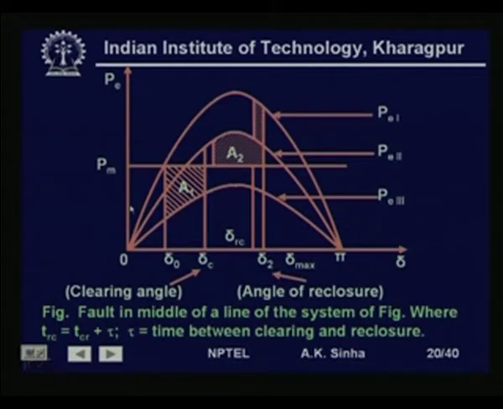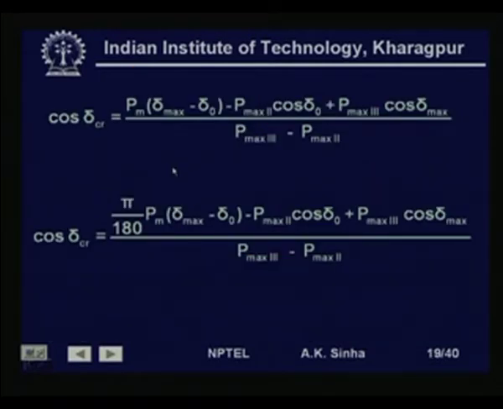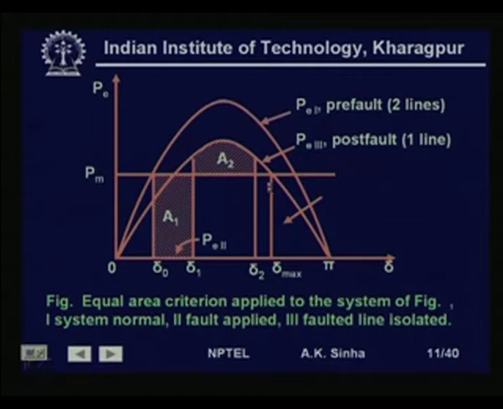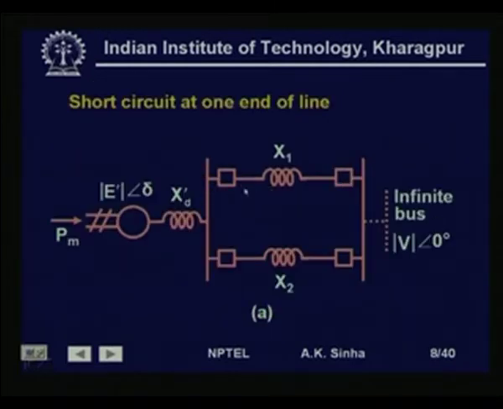Now, another situation which comes many a time is that the circuit breakers that we have in the system many a time have what we call recloser or automatic recloser.